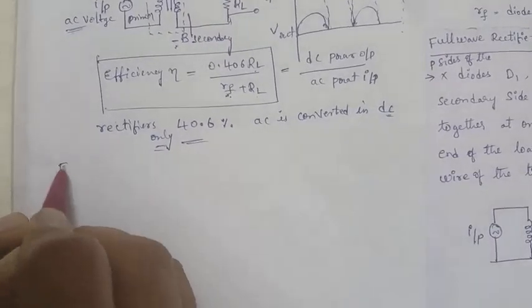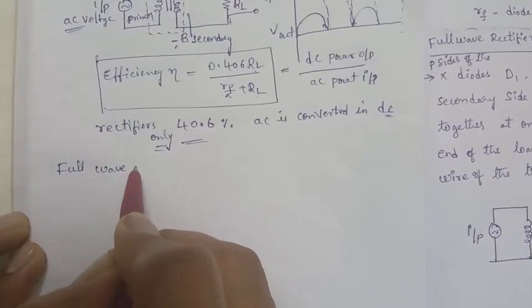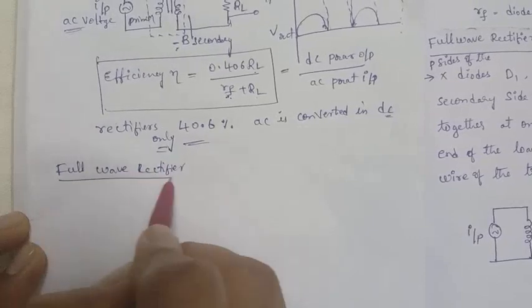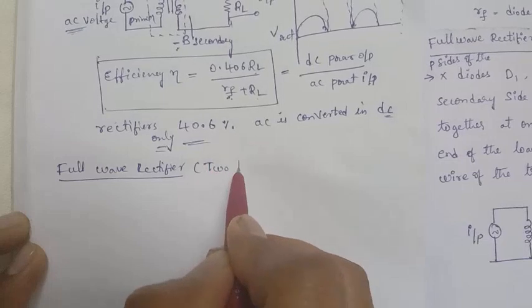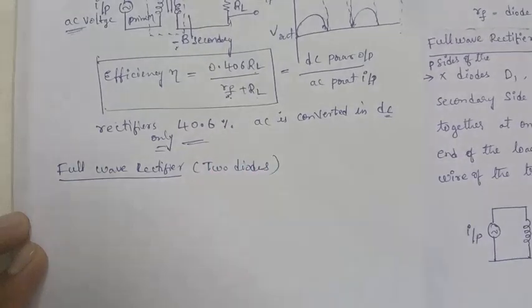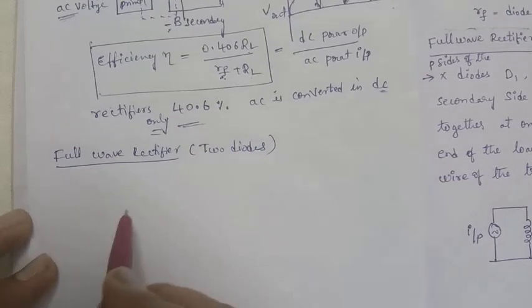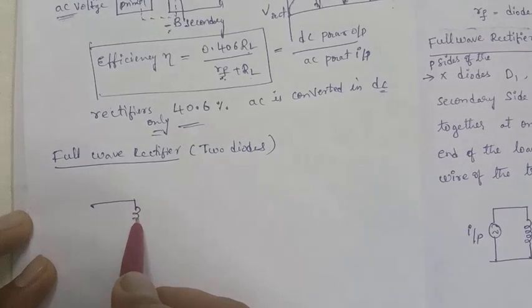What is that? Full wave, complete wave rectified here. So here you have to use two diodes. First it is the transformer.